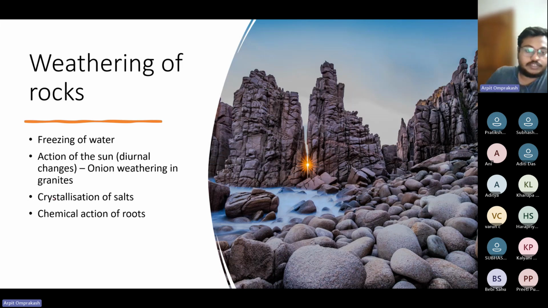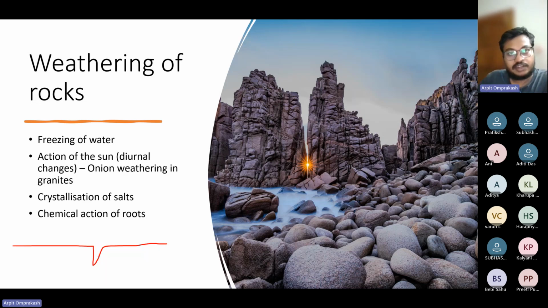So, for example, let's say you have a bare rock area, and for some reason there's some crack in it, right? So, let's say there's a crack because there was some growth of some mosses, so the root growth, or there is some crack because of other things.